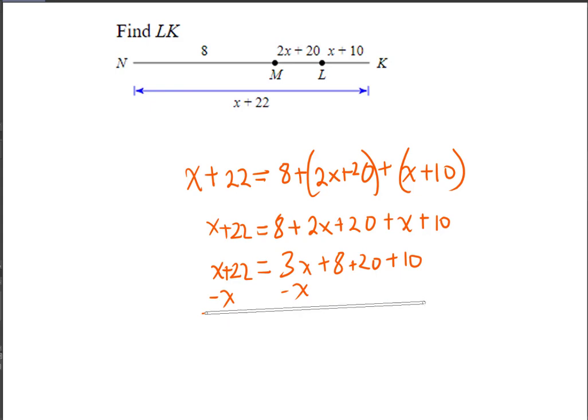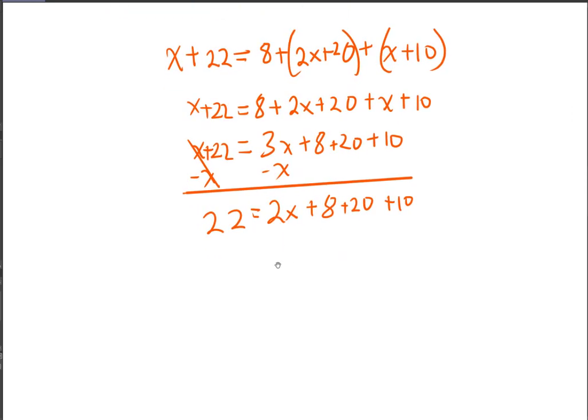To get rid of this x on this side, which leaves me with 2x plus 8 plus 20 plus 10 is equal to 22. And I'm almost done now, because what I need to do now is just combine these terms here, which is 2x plus 38, right, is equal to 22.